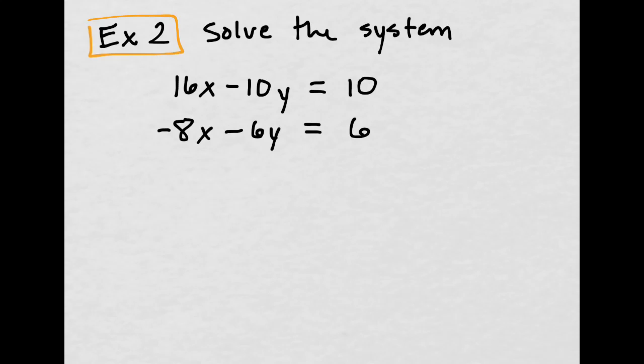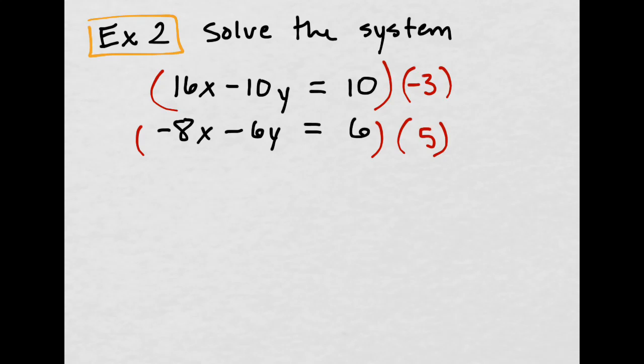What's the common multiple between 10 and 6? Maybe 30. Now you don't write this down, but I could multiply by what? How do I get 30? I multiply by positive 5, and then I multiply by negative 3, right?